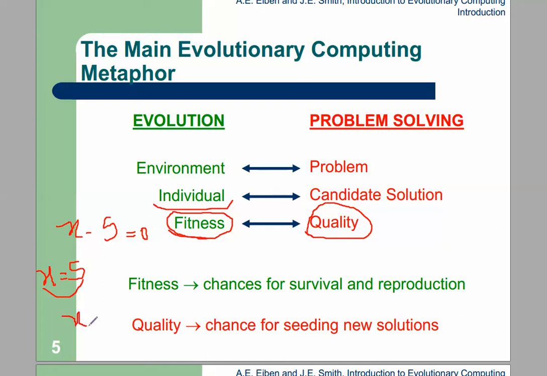But for example, if you use x equal to 4, it decreases the quality. If you use x equal to 3, the quality or the fitness is lower than 4, and the 4 is lower than 5.